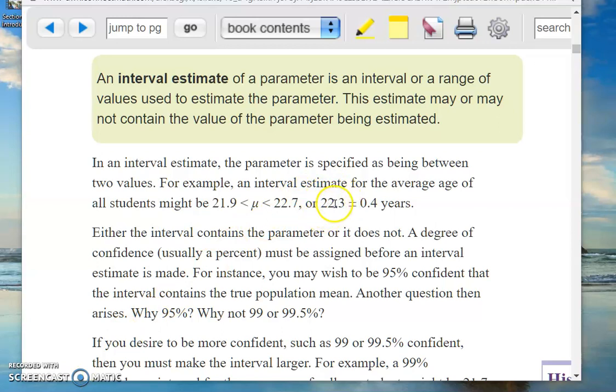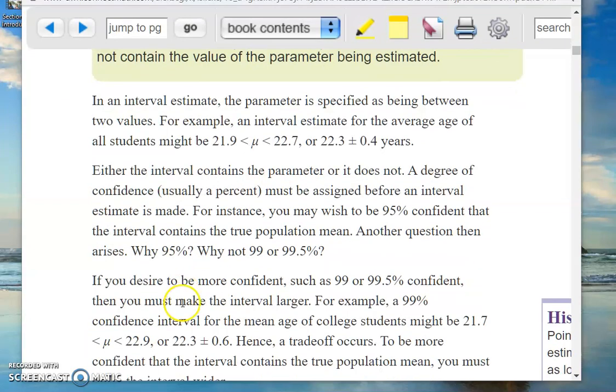So it's 22.3 plus or minus 0.4. So add 0.4 to 22.3 and you get this. Subtract 0.4 from 22.3 and you get this. So we can say it either way. We can say it's 22.3 plus or minus 0.4, or we can write it like this. All right, so as the author says, the interval may or may not contain the parameter.